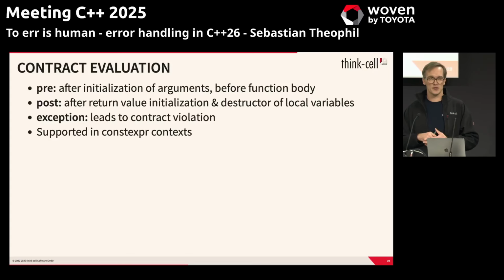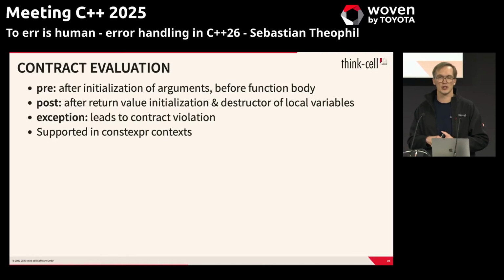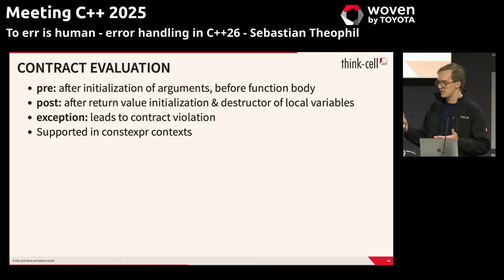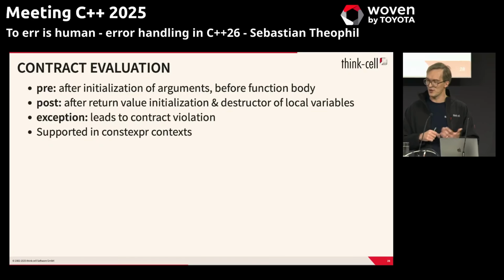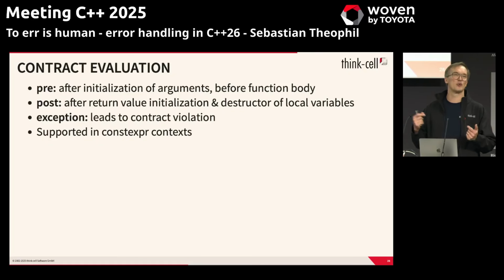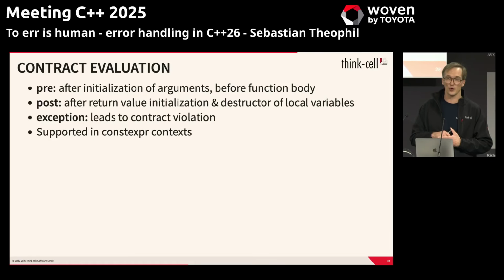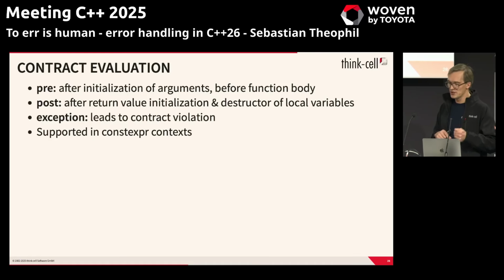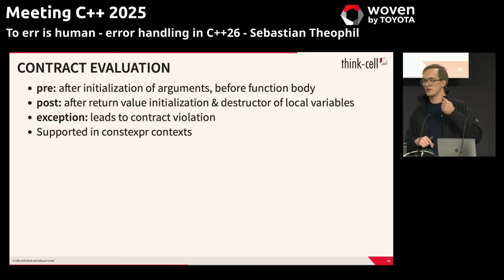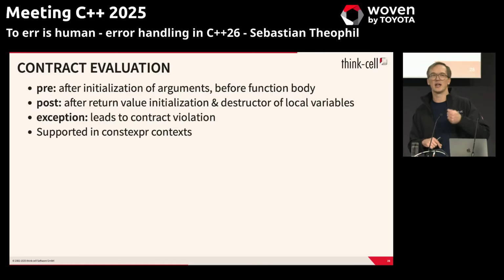Contracts support exceptions in the sense that throwing an exception inside a contract evaluation implies that the contract has been violated. And interestingly, because it's 2025, but this is C++26, they are supported in constexpr contexts, of course. And so you can use them in constexpr statements, and if your constexpr construct violates a contract, this leads to a compile error, of course.